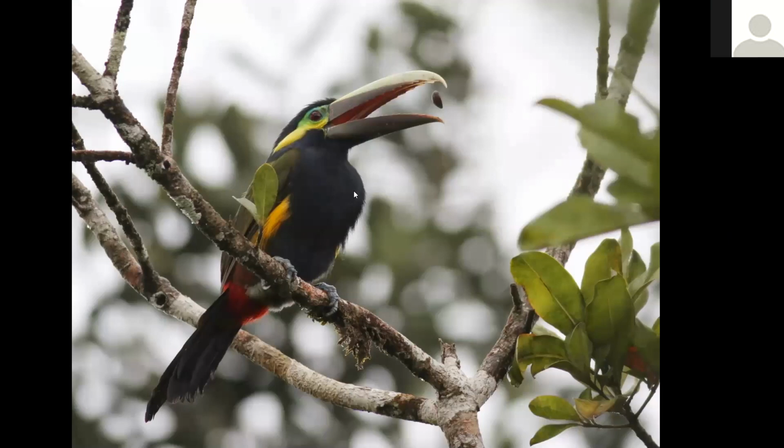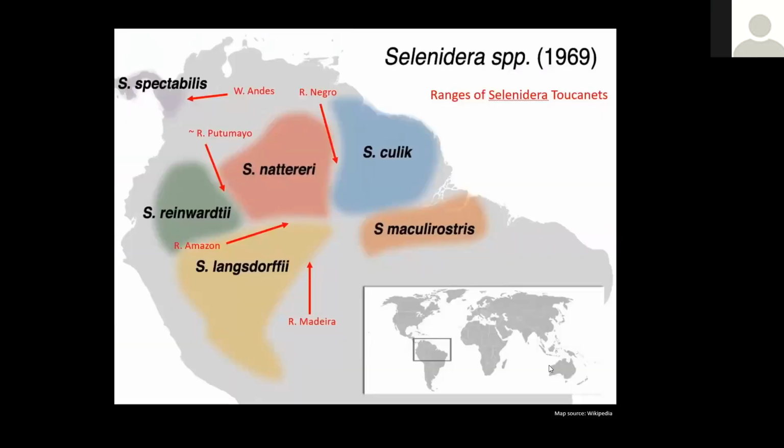It's a small toucan, and it's a genus of 6 or 7 of these toucanets. Beautiful birds. This is a yellow-eared toucanet from Central America. And like other toucans, they eat fruit. But if you look at the range map here of different species, you can see that they don't overlap. All the different species almost fit like pieces of a jigsaw puzzle. And these red marks are things that I've annotated.